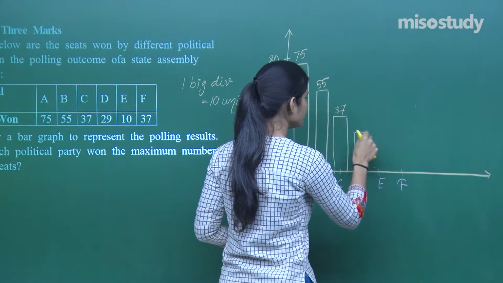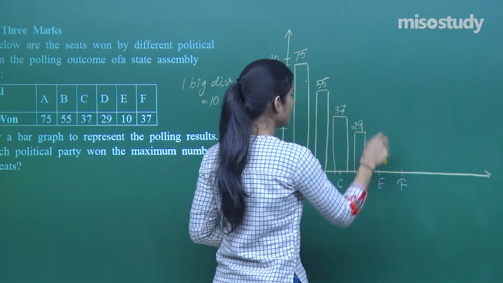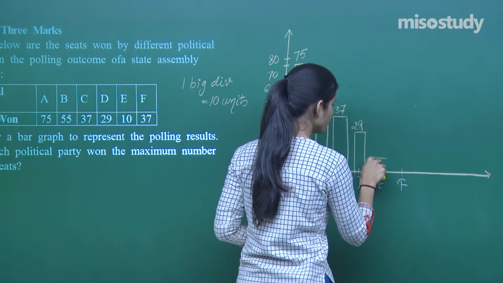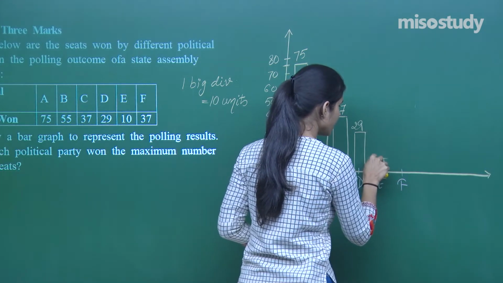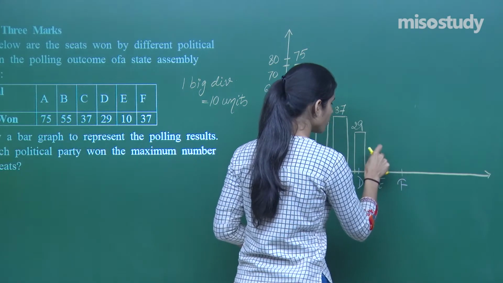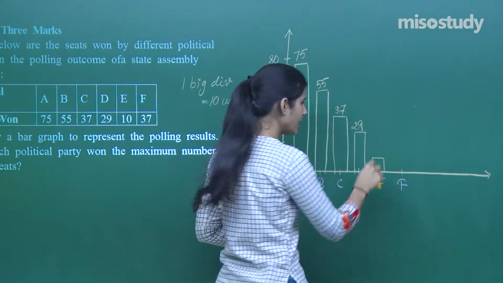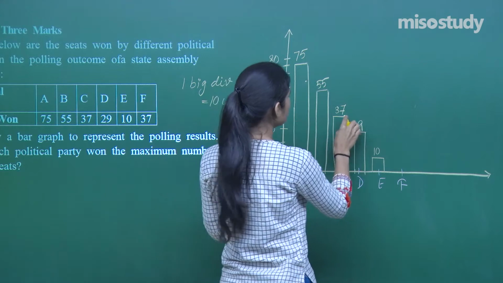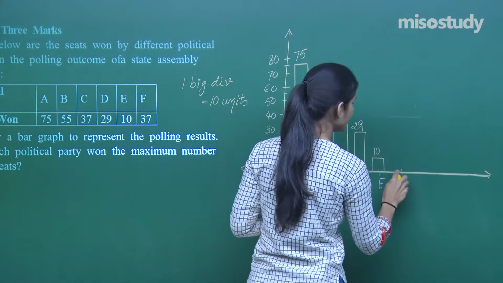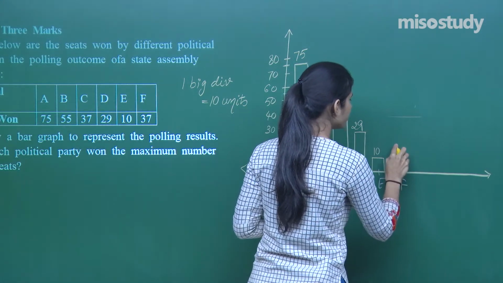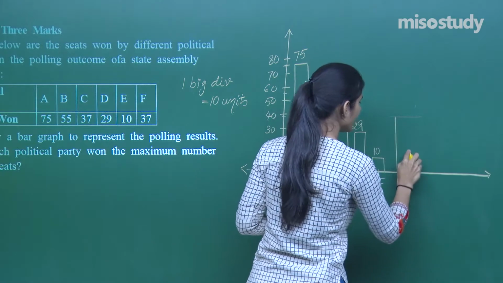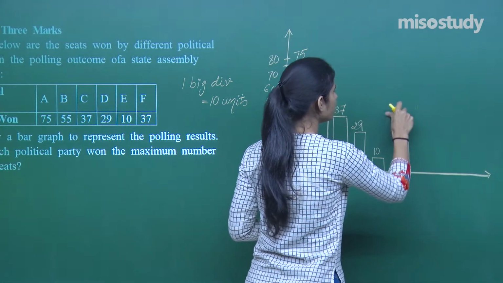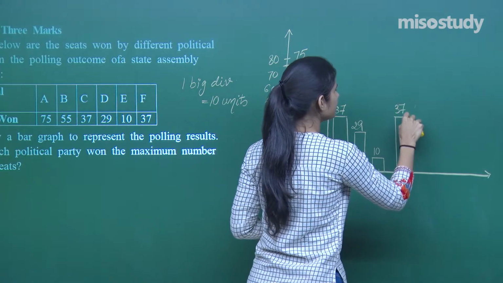And then you have E as 10, so I move 0.5 here, 0.5 here, and this is my rectangle of width 1, height 10, and F corresponds to again 37, so you have it of the same height, move 0.5 before F, 0.5 after F to get the width of the rectangle as 1 and height correspondingly 37.